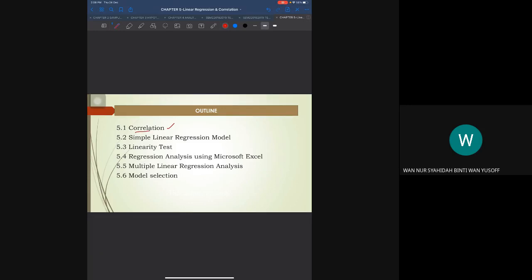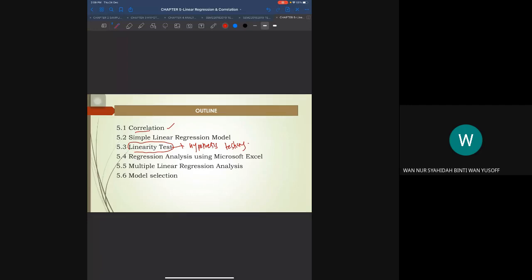If you have sample data, then it is based on the sample data. To make a conclusion about the population, you will have the linearity test, which means hypothesis testing. By using the sample data, we make a conclusion about the whole population, whether those variables are related to each other or not.